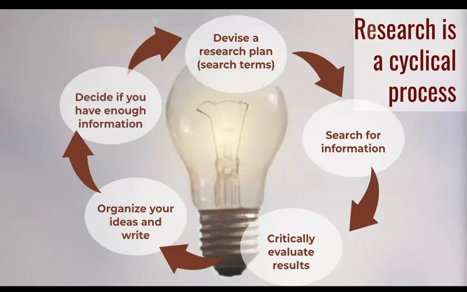And then often you'll realize that you want to investigate something further, and then you'll devise another plan to fill in that gap, another research plan, and then search, and then evaluate. So it's a very dynamic process. Also, you may end up going in a direction you didn't originally envision, but that's part of why it's a dynamic process too.